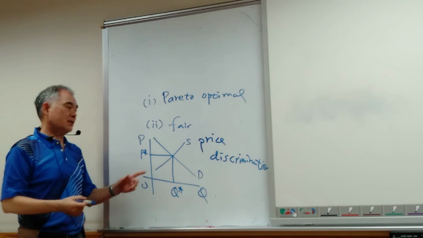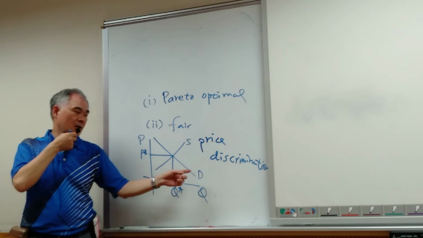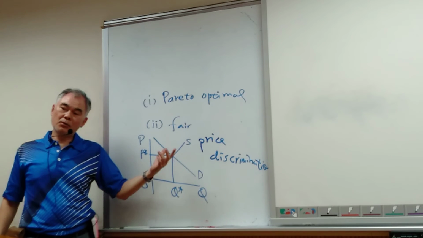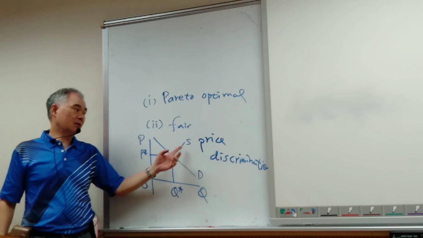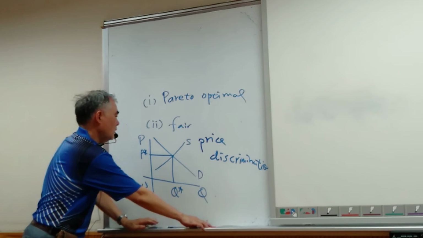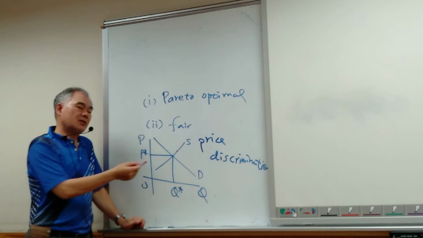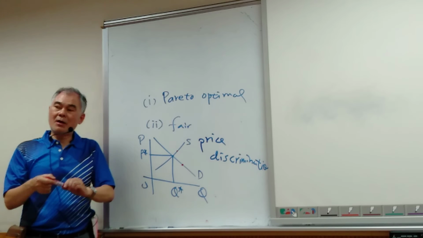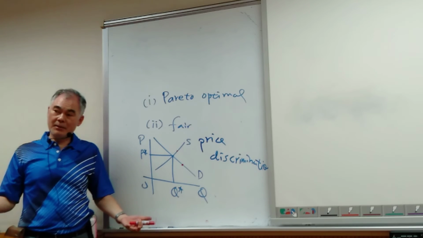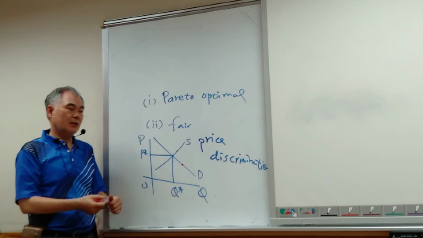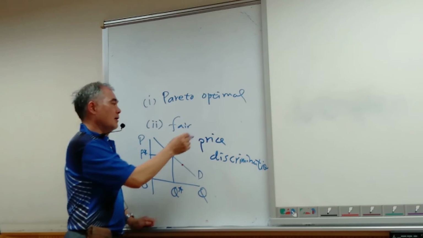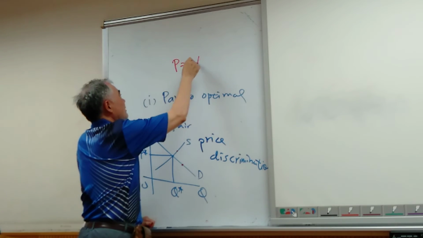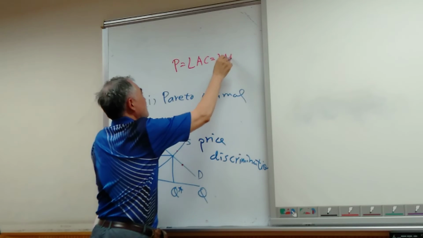Basically, this is the marginal utility of each consumer, and also their marginal willingness to pay. And this is the cost. For these guys, the cost is too high, so they are not able to sell. For these guys, their offer price is too low, so they are not able to get. And so here is what you get. We say in the long run, for a competitive market, price is equal to LAC is equal to LMC.